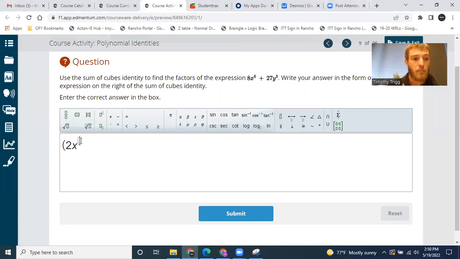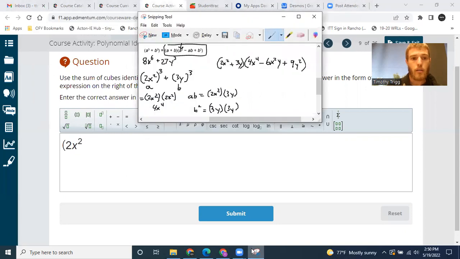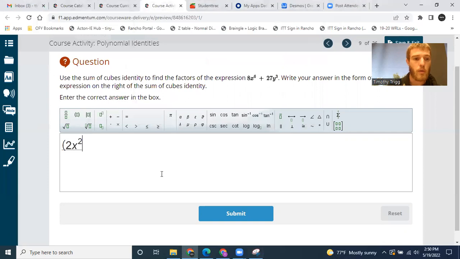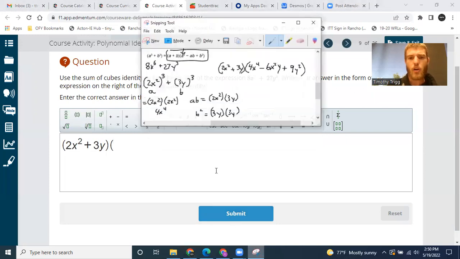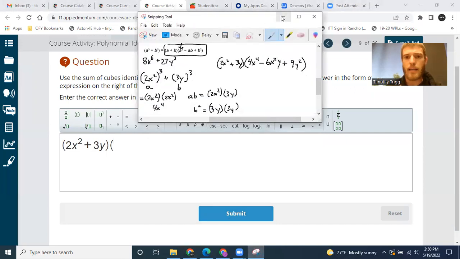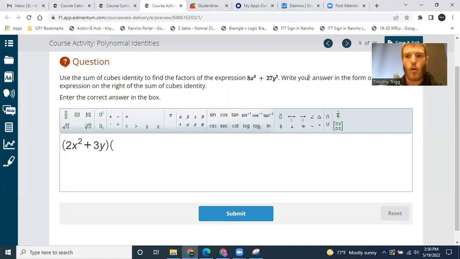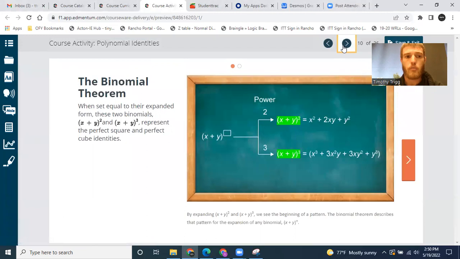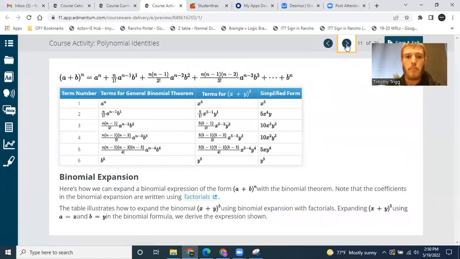Notice it now puts my cursor there, right? 2x squared plus 3y, close parentheses, open parentheses, and go ahead and finish typing the rest in. I can count on you to do that. Okay, let's go ahead and move along.